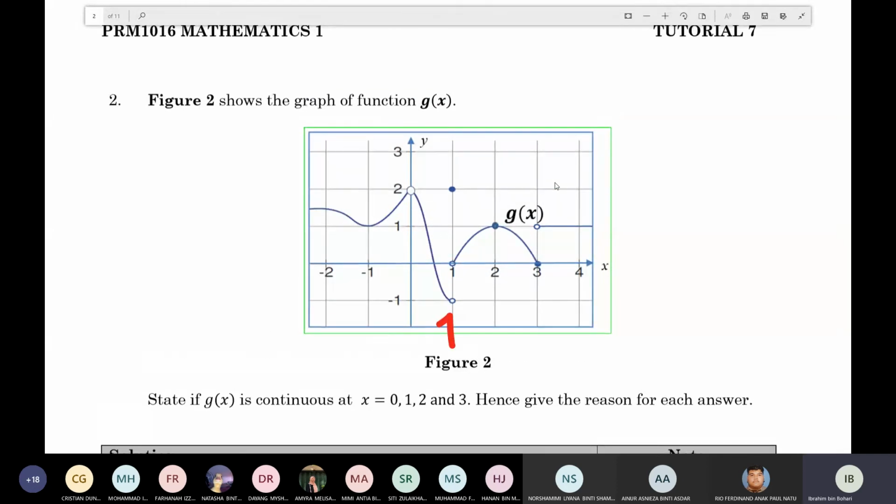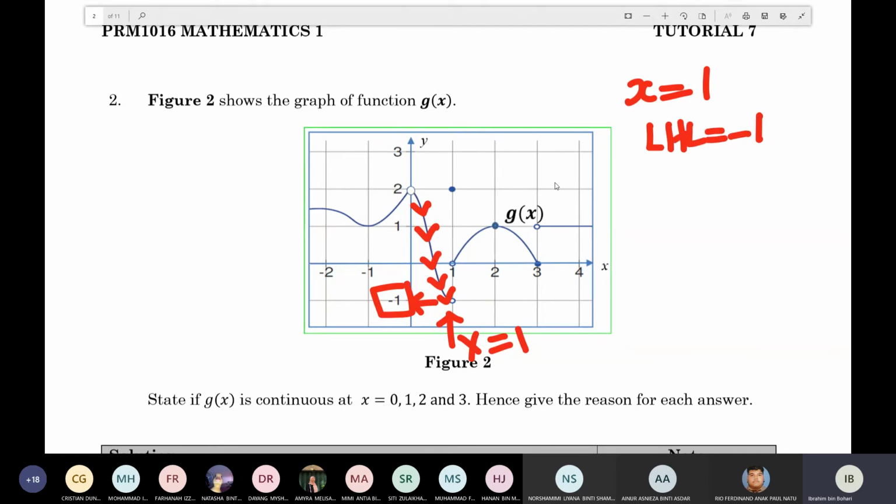Sambil kita mudah. So you check the left hand limit of the function when x equals 1. So x approaches 1 from the left, and you check the value of y. y here equals to -1. So left hand limit here equals to -1.